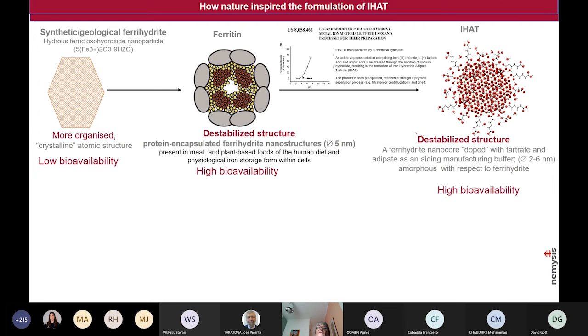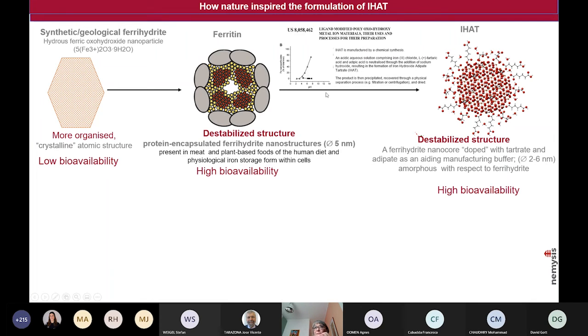This was suggesting the possibility to generate, and this is IHAT, a destabilized structure where the ferrihydrate nanocore was made amorphous by the introduction of organic ligands in order to increase bioavailability.